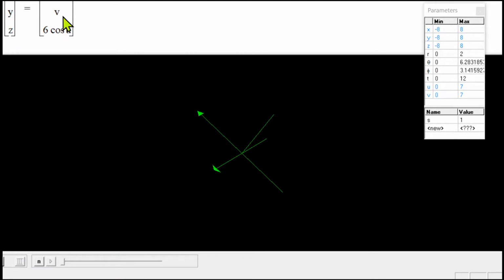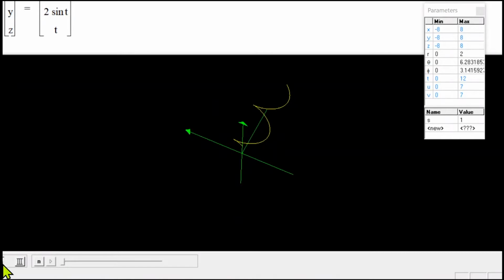Okay, there's always undo. And then 2 sine t, and I just put t here. Then this shows up, and we're familiar with this thing now, right? Stairway to heaven. I'm going to zoom in a little bit so you can see it better.